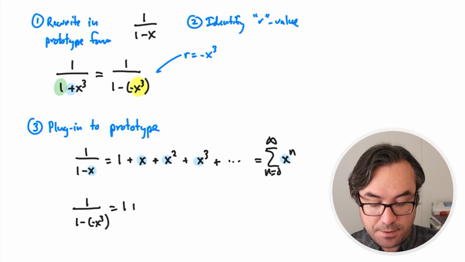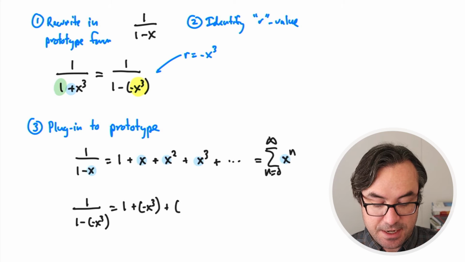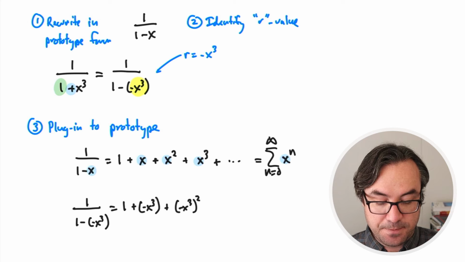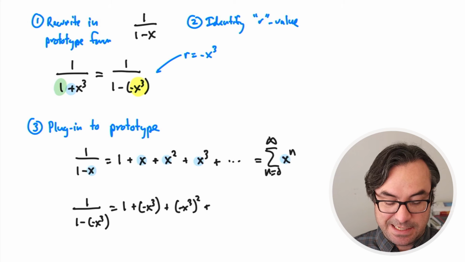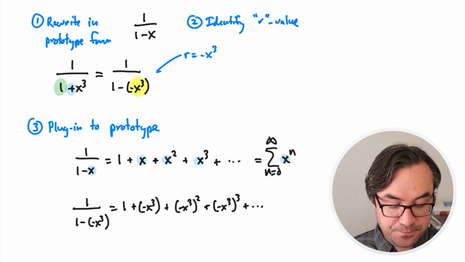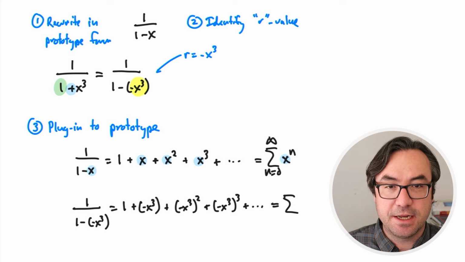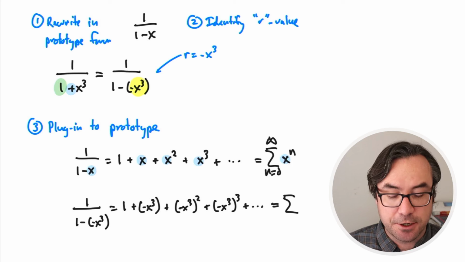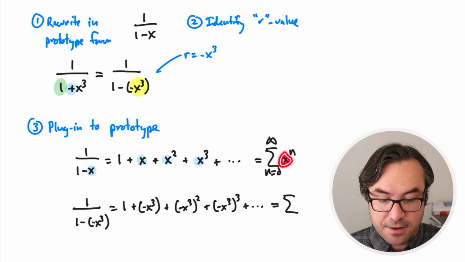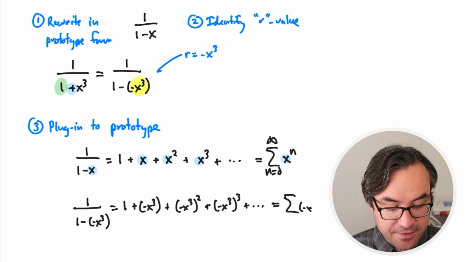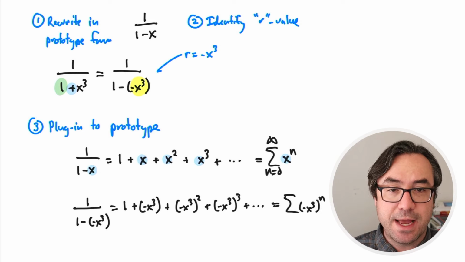So we're going to have 1 plus negative x cubed plus negative x cubed squared plus negative x cubed cubed, and so on. And if we plug it into our sigma notation, instead of that x, it'll be negative x cubed raised to the power n.